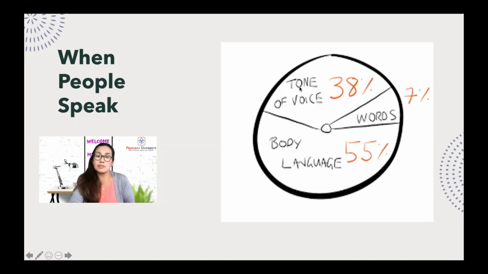We understand the subject matter in a much better percentage from tone of voice, which is 38%. And this is surprising. We are also able to understand a lot of things from people's body language. It's 55%. Wow, this is pretty surprising, right?